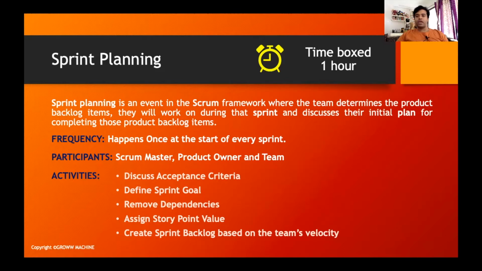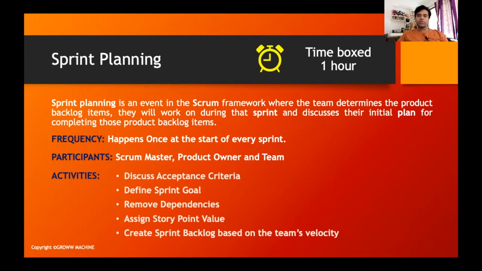The team determines the sprint goal and the sprint backlog items. All those things are finalized as part of the sprint planning. When we conduct a sprint planning, the major focus is on deciding what items are going to be included as part of the sprint. That's why we call it sprint planning, right?